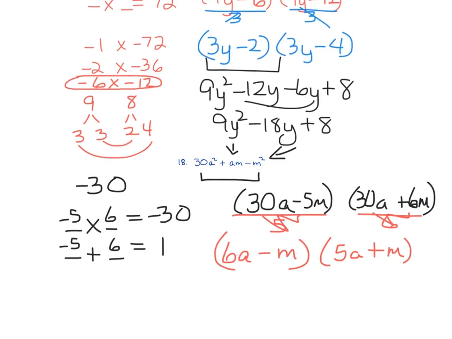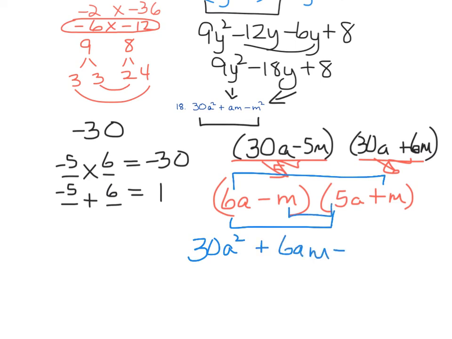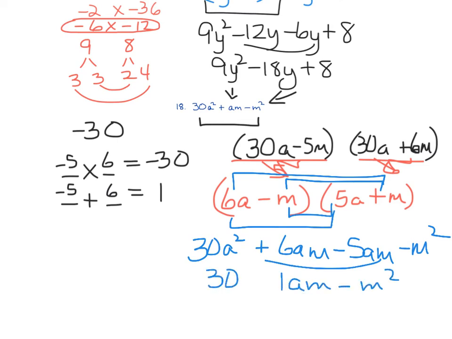And then if I FOIL it, I get first, outside, inside, and last. And then when I group the middles, I do get the 1am minus m squared, and then drop that one down. And you don't have to put 1am, just put am. And it worked.